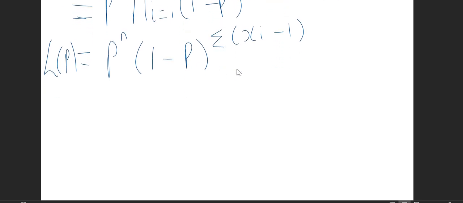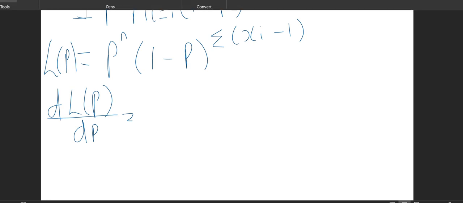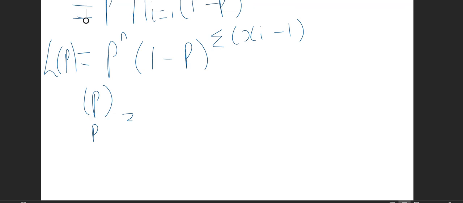Now the next step, since we have the likelihood function, is to find the first derivative of this likelihood function. Now the derivative of this likelihood with respect to p, no, before we take the derivative, we are firstly going to take the logarithm of this.